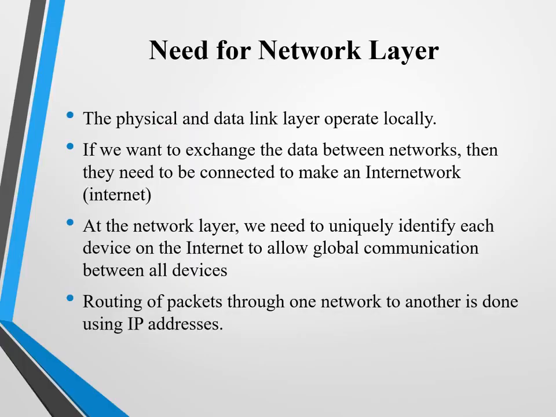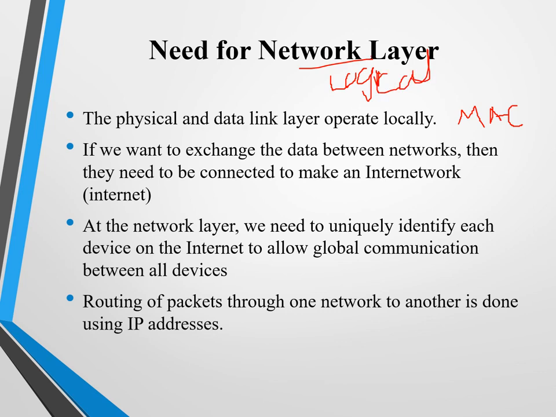Here you can see what the need for the network layer is. The physical and data link layers operate locally and they operate with the MAC address, but the network layer deals with the logical address. Logical address means an IP address.